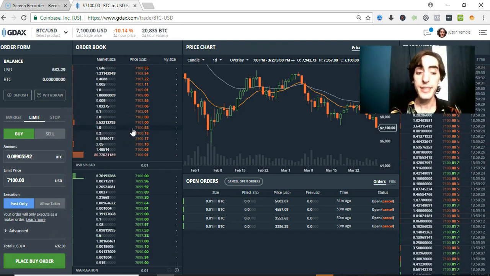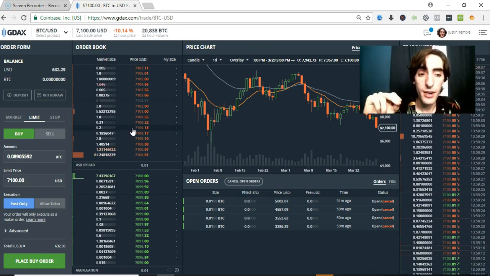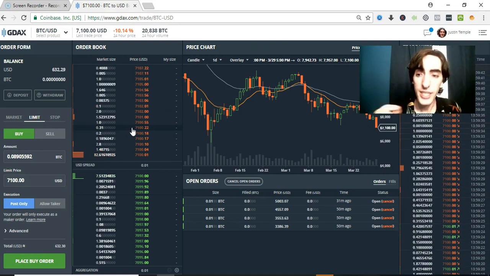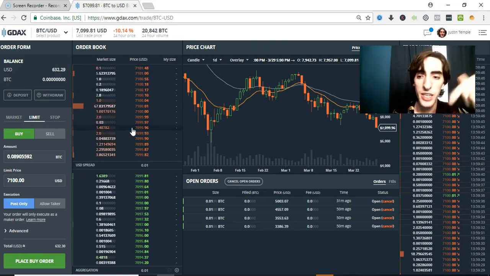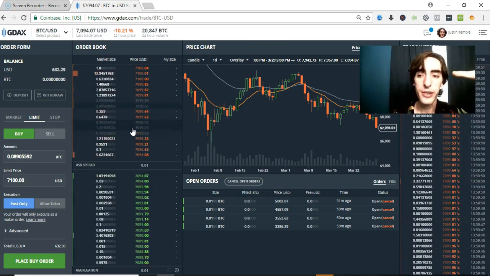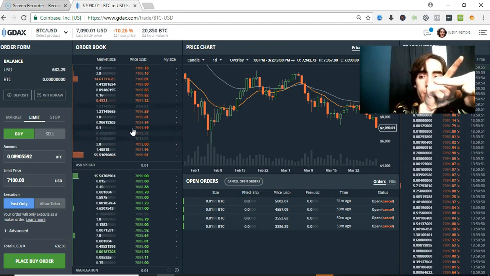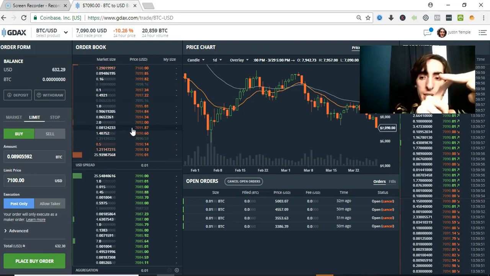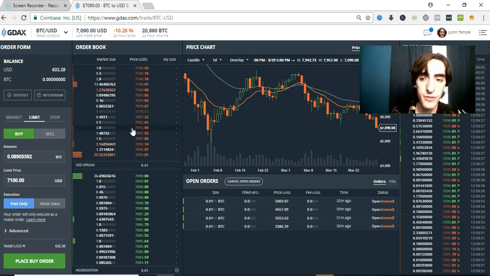Okay? And this is not a guarantee that it's going to buy right then and there at that price. Because on GDAX, what you're doing is playing the V game. When you want to buy, let's say I want to buy right here, and the market's right here. Well, I have to wait for the candle to hit my line for that order to fulfill.